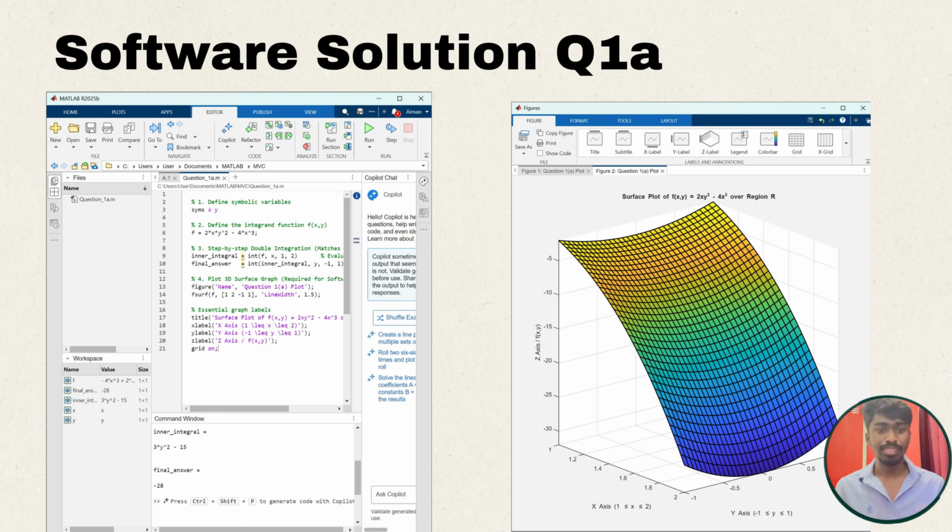Why does this matter? Because by leveraging the MATLAB Symbolic Math Toolbox, we can ensure that our manual integration steps are not just theoretically sound, but computationally perfect. So, moving on to the manual calculations.